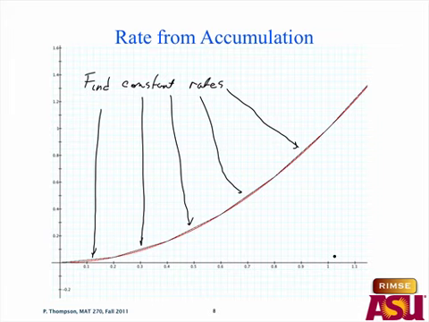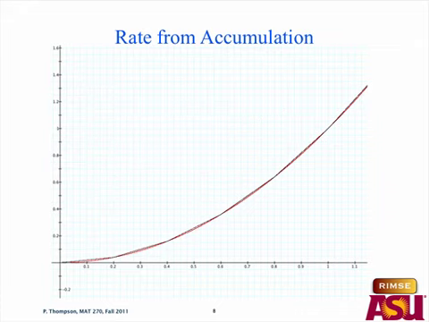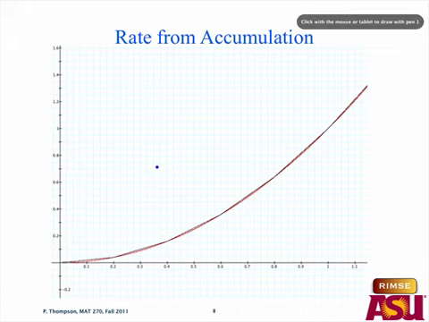Alright, and then the one after that is at 1. So it's 0.4 over 0.2. That one, 0.8. Okay, it's 0.65.